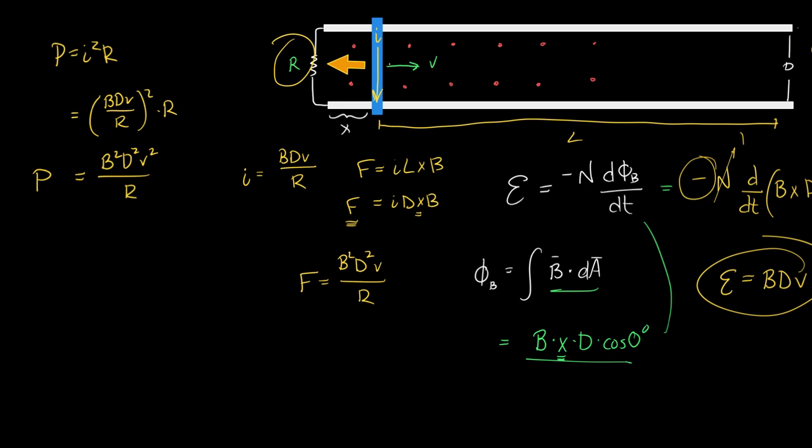But us pulling on that bar is generating power. And the power being consumed by the resistor is this amount. If I want to know how much energy is used by the resistor, it would just be equal to the power times the time it takes for us to push that bar across the rails.